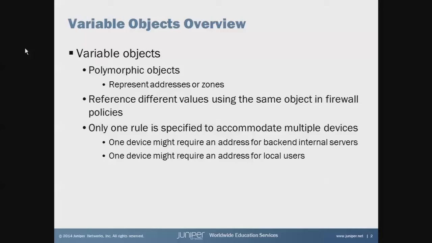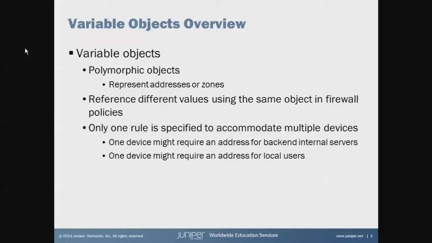For example, you only have to specify one rule to accommodate multiple devices. You might have one device that requires an address for back-end internal servers, and one device that requires an address for local users.